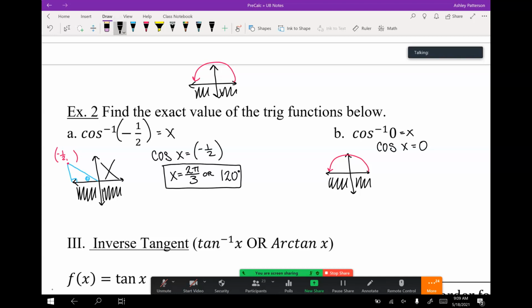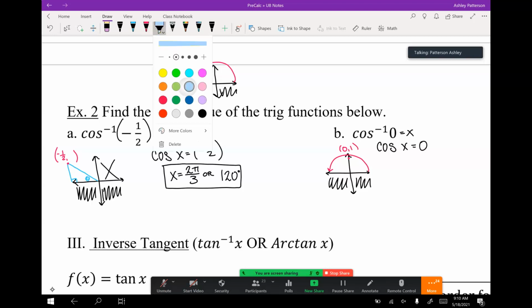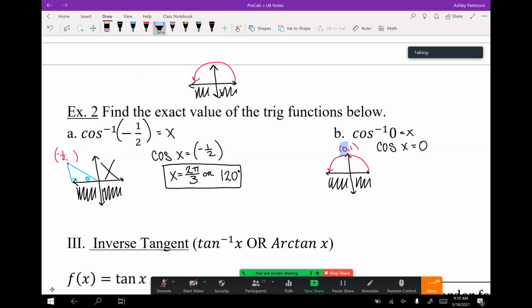Yeah? Is it? Yes, Ethan, good job. It is going to be 90 degrees this time. The point up at that positive y-axis is 0, 1. That's exactly what we need. Sorry for making you guess, Ethan. So x is pi over 2 or 90 degrees.